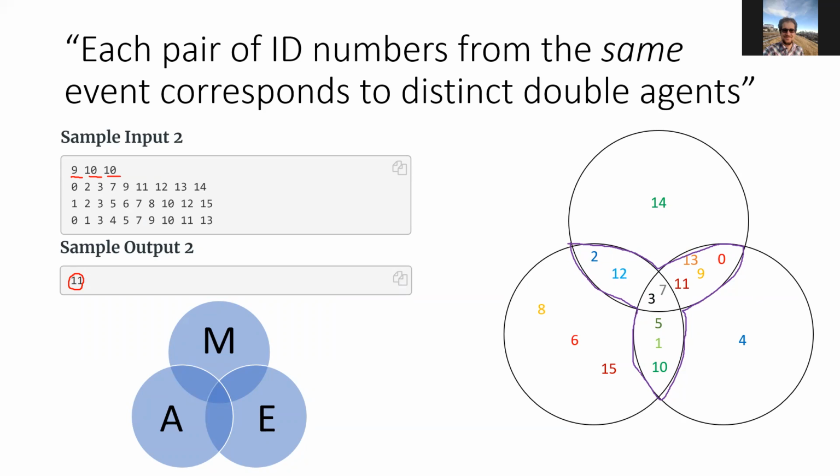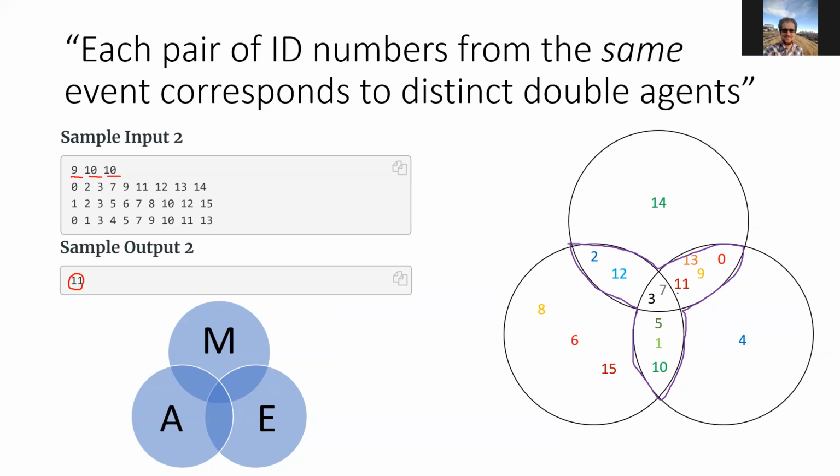And you can make symmetrically the same kind of argument with these numbers here in the morning and evening group. So they will have something in common with the morning and afternoon group, which is to say they have the morning in common, and they have something in common with the afternoon and evening group, and so on. So every single one of these IDs shares something in common with every single other one.